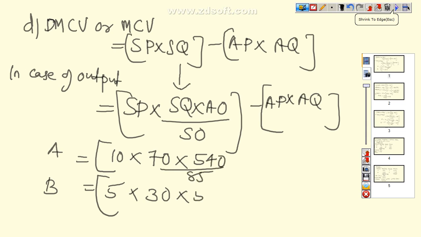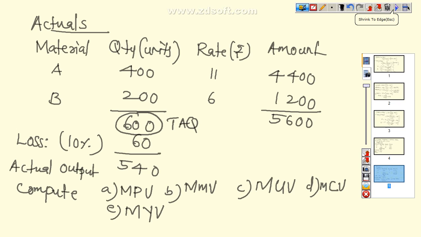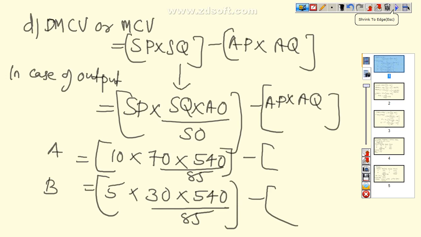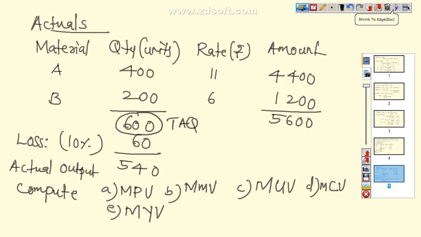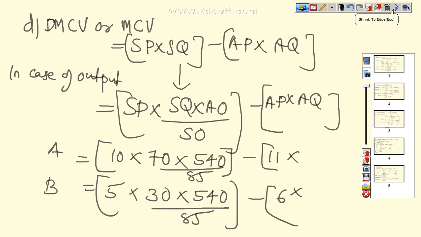Here also 540 upon 85 minus actual price. According to the question, actual price is equal to 11 and 6 multiplied by actual quantity, according to the question, 400 and 200. So we write it here 400 and here we have to write 200.